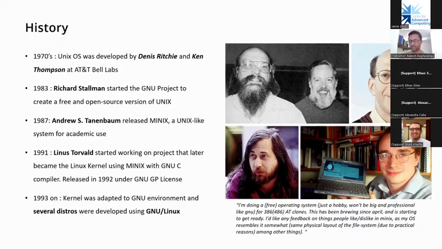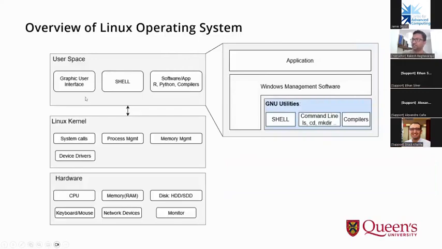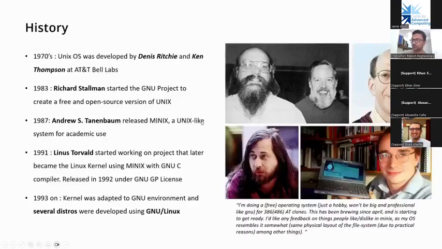The Linux kernel that we saw in the last slide was developed by Linus Torvalds in 1991, and Richard Stallman developed many of the GNU utilities, which are integrated into the Linux kernel. That's a brief history of Linux. The kernel itself was developed in 1991, and GNU utilities are integrated into the Linux kernel.